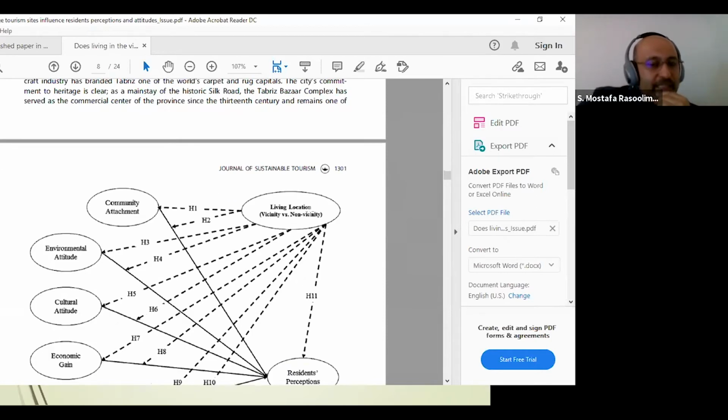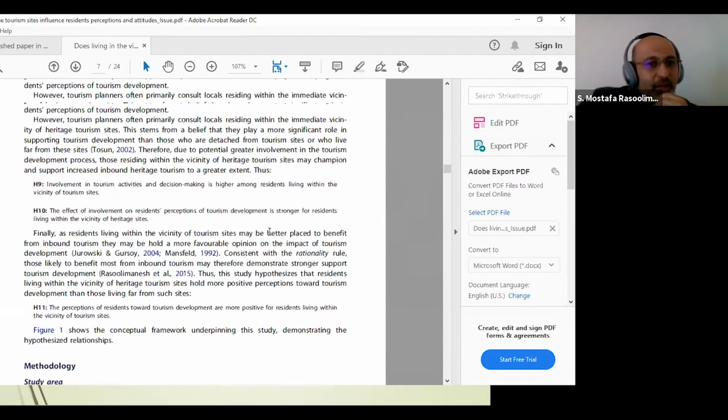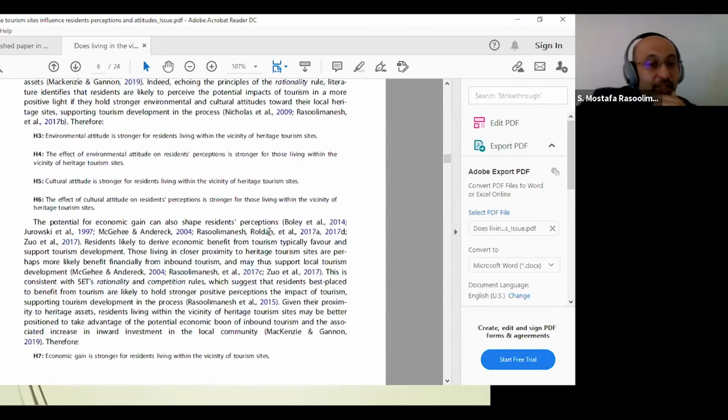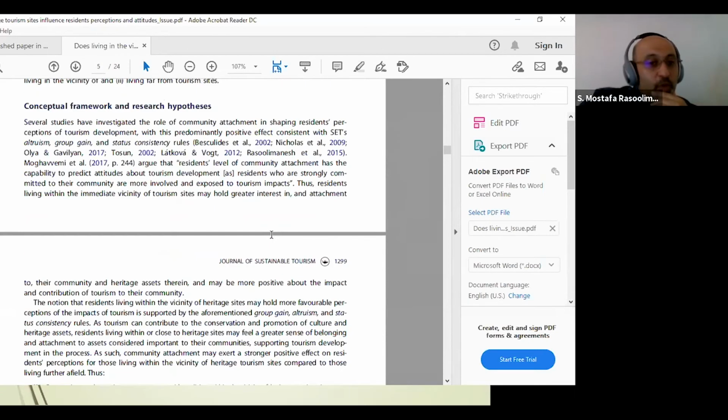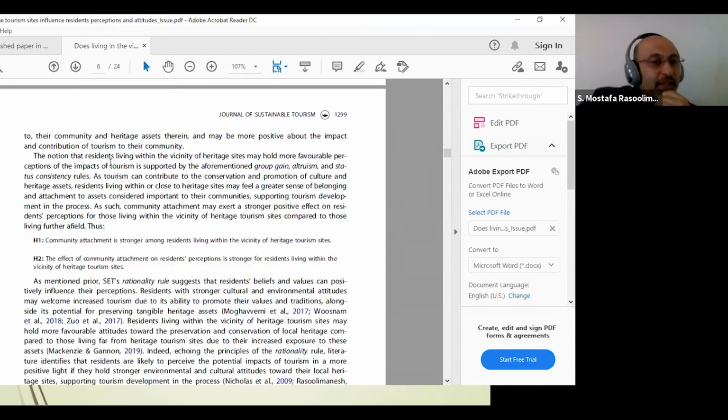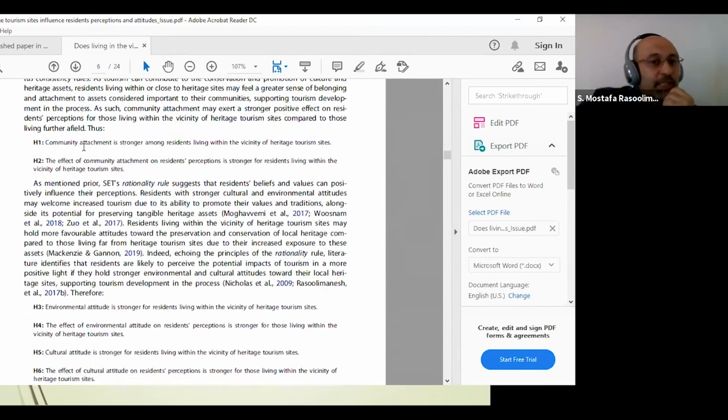So this is another way of hypothesis development for a moderator. But actually here we also have another hypothesis: community attachment is stronger among residents living within the vicinity of a heritage site.